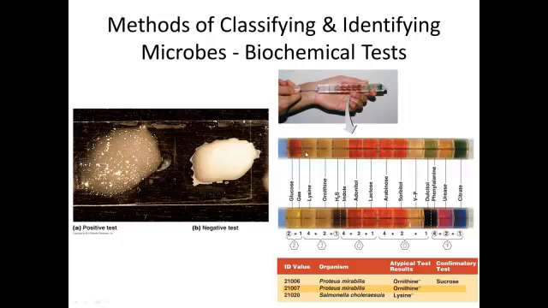Here we've got one where the only carbon source is lysine, etc. We inoculate these all at the same time with one microbe, and from the results of all these tests done at the same time, we're able to determine the genus and species of an organism. In fact, this is an anaerobe tube test. You're going to be doing this in lab.